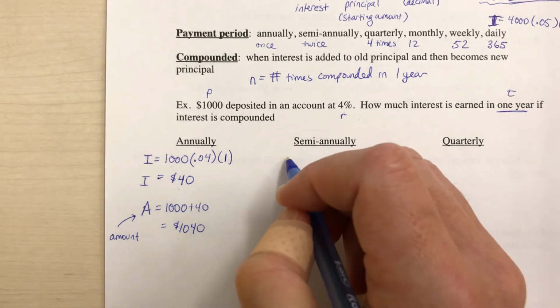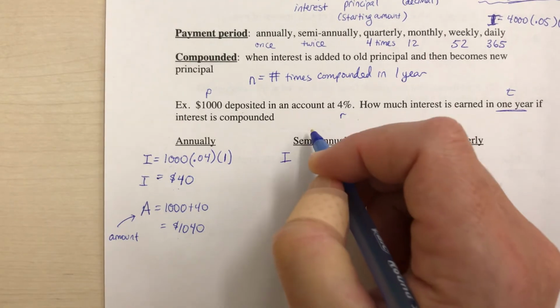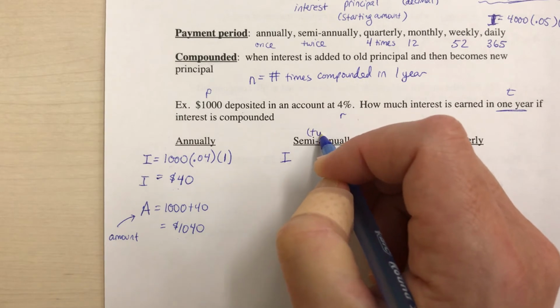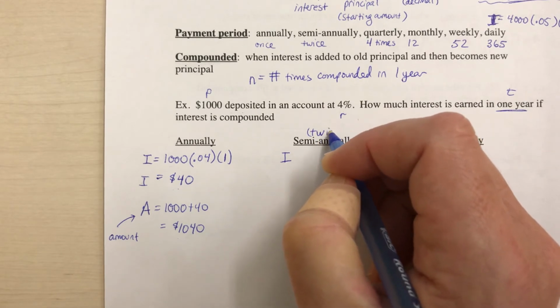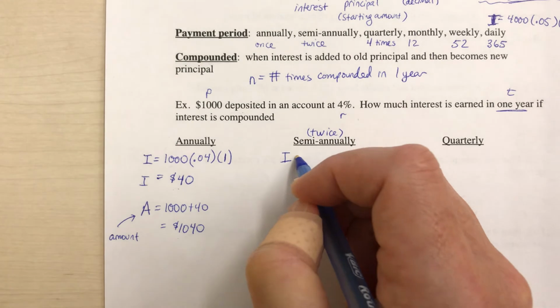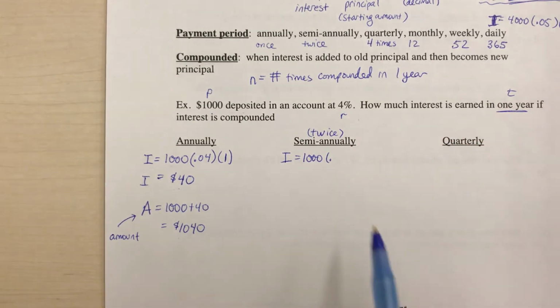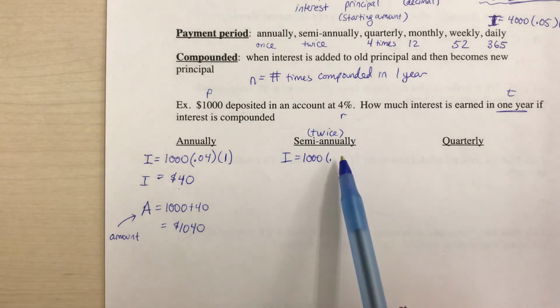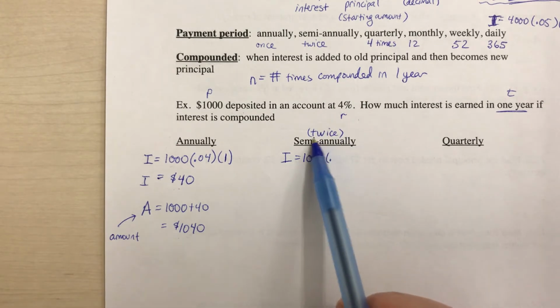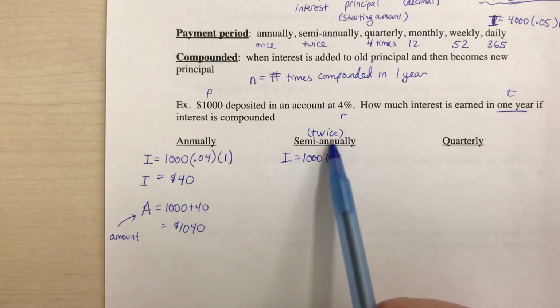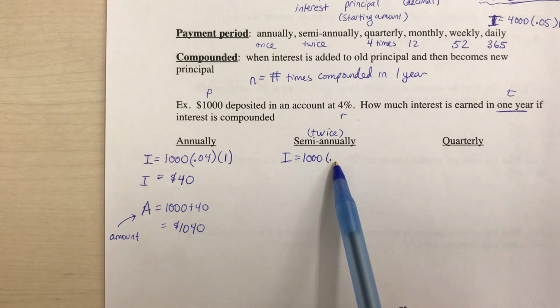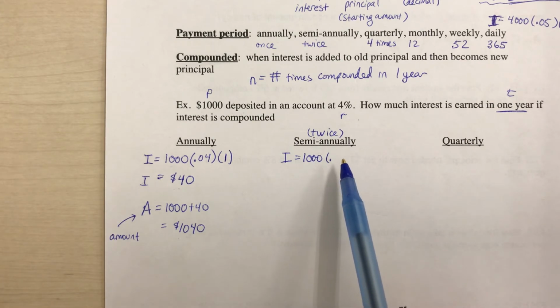Now, what's going to happen here, because we are doing this twice, the principal, we start with 1,000, the annual rate is 0.04, but if we're going to calculate the interest twice, that doesn't mean they pay you 0.04 twice. That would be awesome if they did.